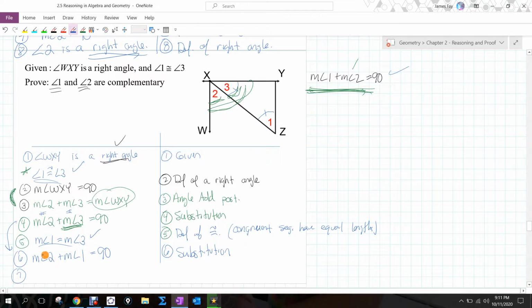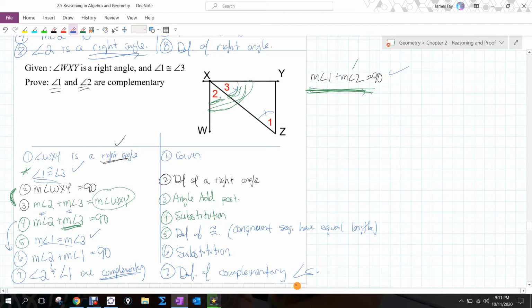Now I can say, if I have 2 angles that add to 90, those 2 angles must be complementary. And the reason: I had 2 angles, I just classified them as complementary. Whenever you classify something, you're doing that because you know the definition of what you just classified it as. So, definition of complementary angles.